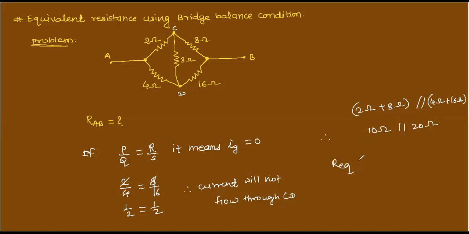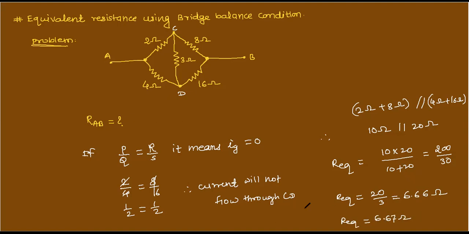Now R equivalent is 10 into 20 divided by 10 plus 20, which is 200 by 30. So R equivalent is 20 by 3, which is 6.67 ohm.